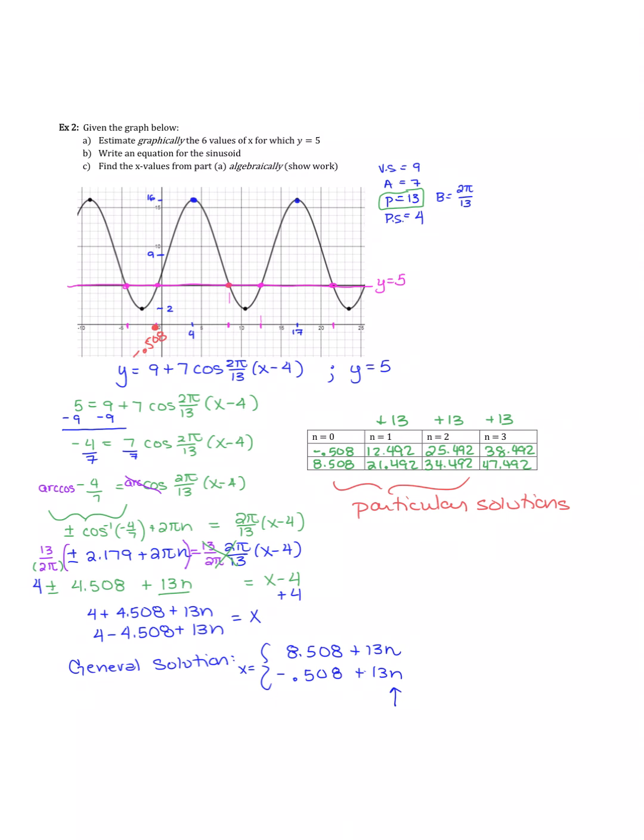Then our next value where we cross is going to be the 8.508, which makes sense, a little bit before 10. Then this one is going to be our 12.508. So you can see these are the values that we algebraically came up with. I'm not going to go ahead and put all of them on here, but you can kind of get the idea.